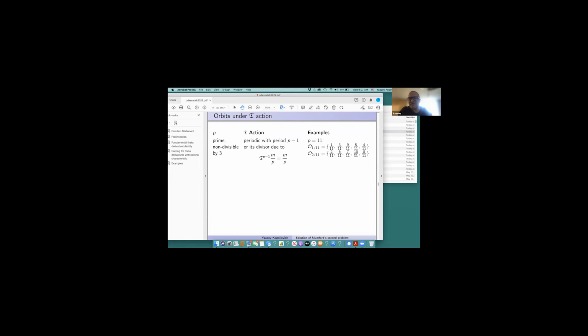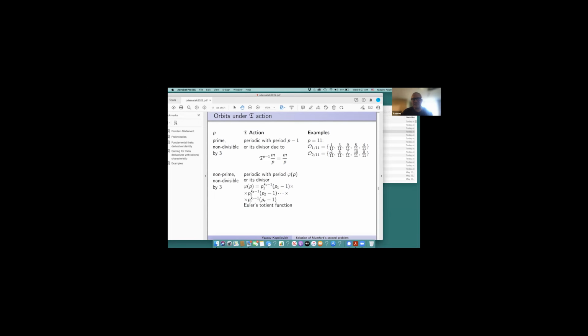And then you deliver the coup de grâce: 10 times 3 is 30, minus 22 is 8. And then 8 times 3 is 24, you go back here. You're done. So the action of 3 splits your residues of 11 into invariant orbits.